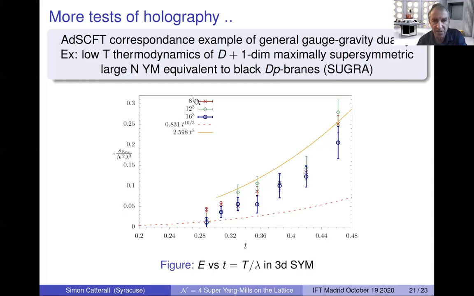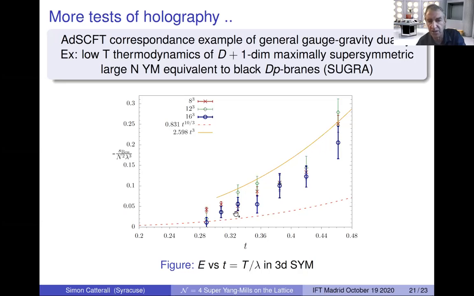So here are the lattices, 8 cubed to 16 cubed. The dotted line here is a supergravity prediction. The points are data for different lattice sizes. The correspondence should hold at low temperatures, so down here. That's where supergravity should give you a good reproduction of the thermodynamics of the supersymmetric theory, and you can see the data is coming down to lie on it.